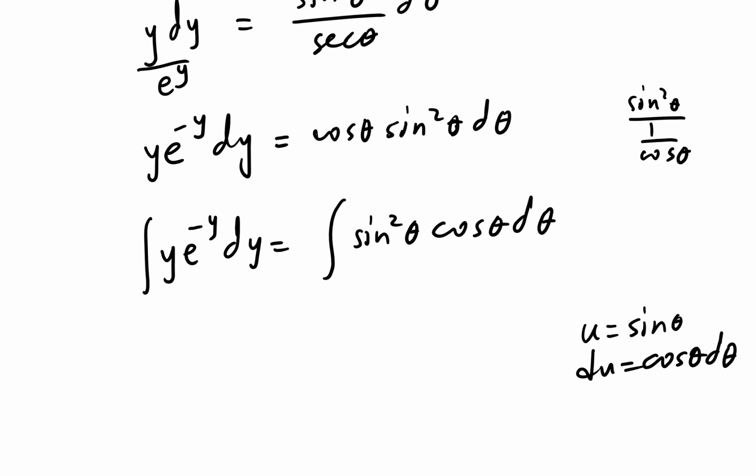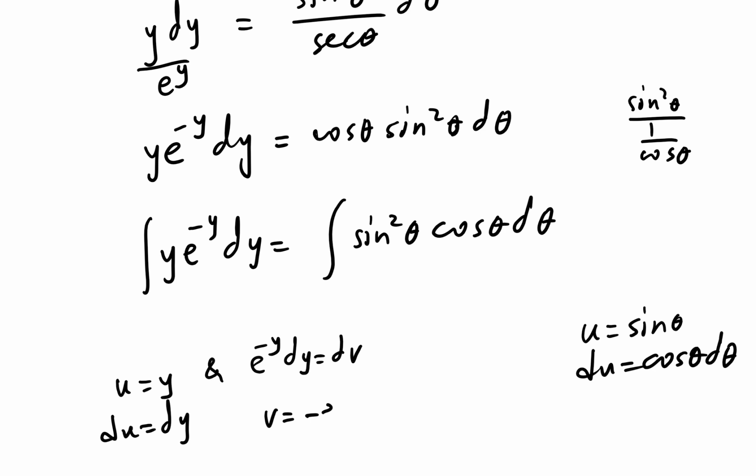Easy. But the left hand side is not easy. U sub doesn't work. We have to try integration by parts. So we take u to be y, du is dy, and whatever's left is our dv. So then v is negative e to the negative y.